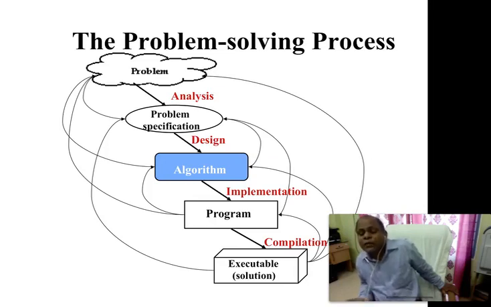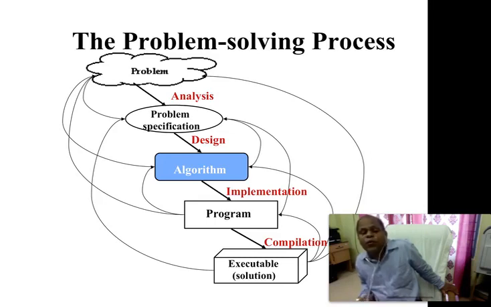Converting an algorithm into a program is called the implementation part. Once you have implemented your program, you will compile and execute it on the computer. This is the problem solving process in a computer.